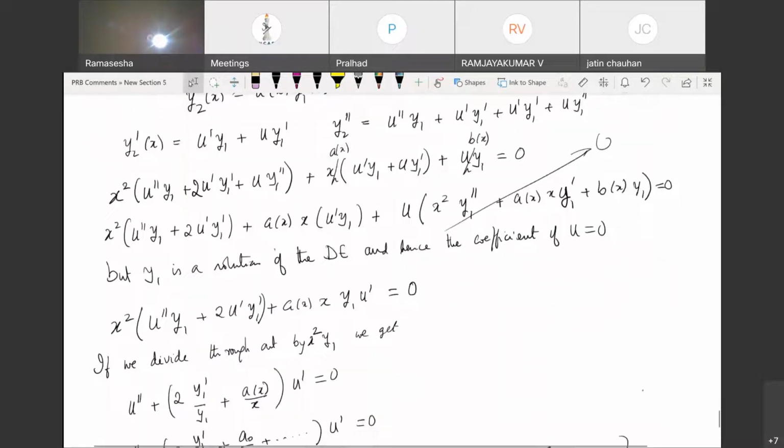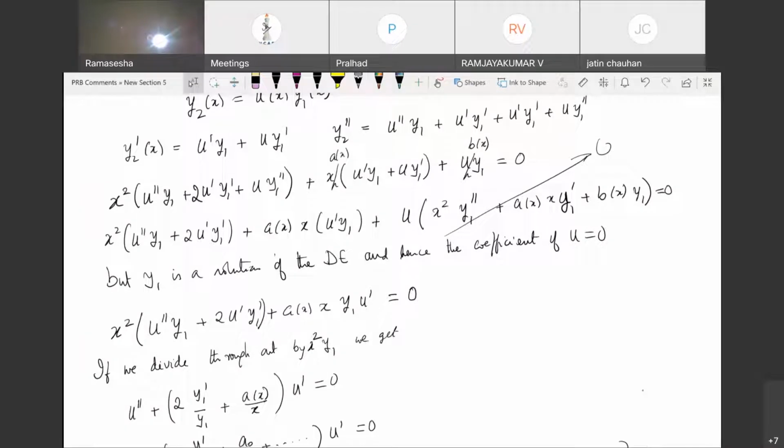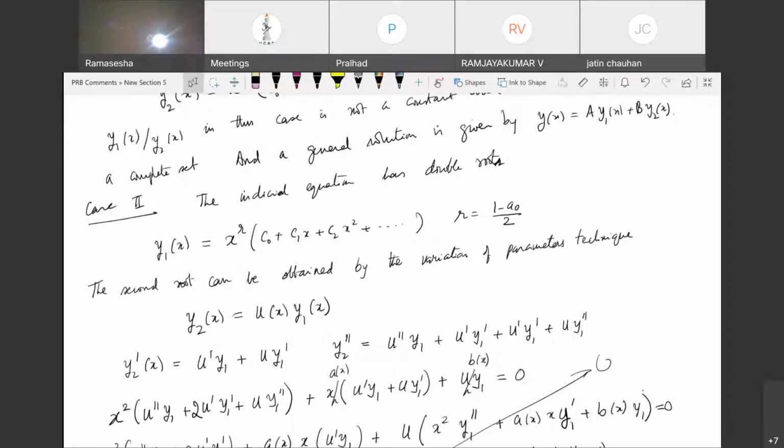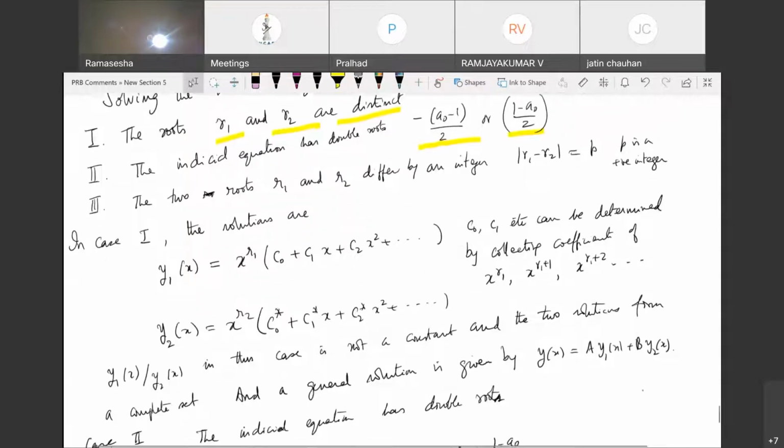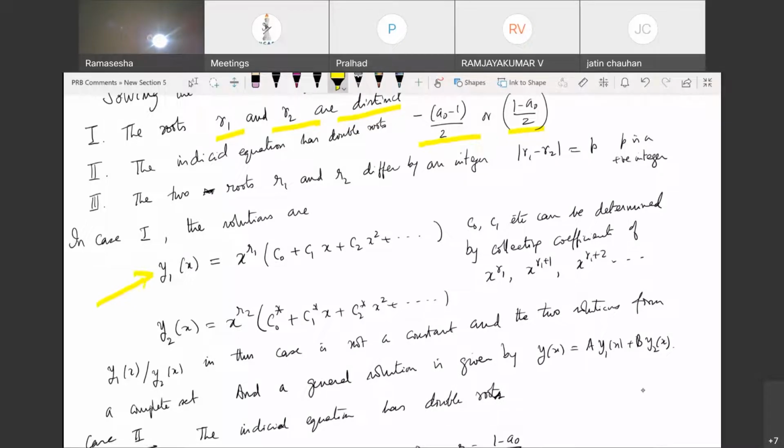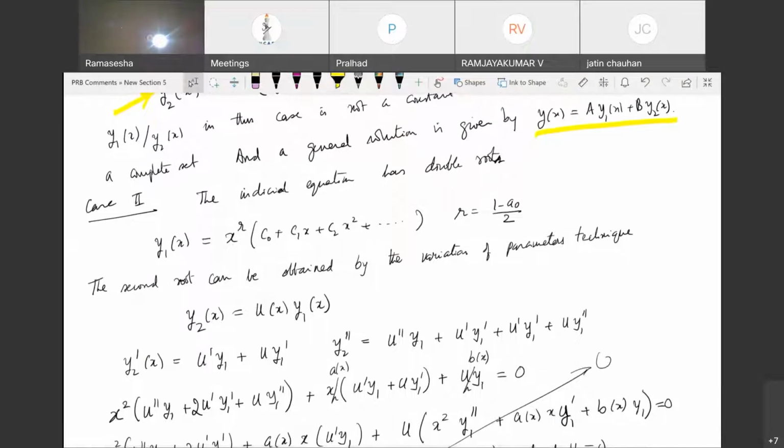Once you do that, you can write down the differential equation as having the two solutions, y1(x) and y2(x). r1 and r2 are different. They don't differ by an integer, because of which y1 and y2 are linearly independent, and you can always write down the general solution as y(x) equal to A y1 plus B y2. In case 2, you can write down y1(x) as before.